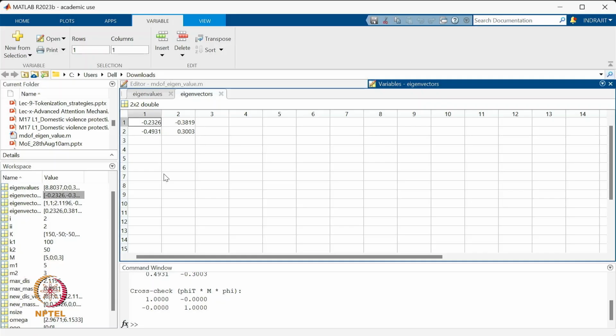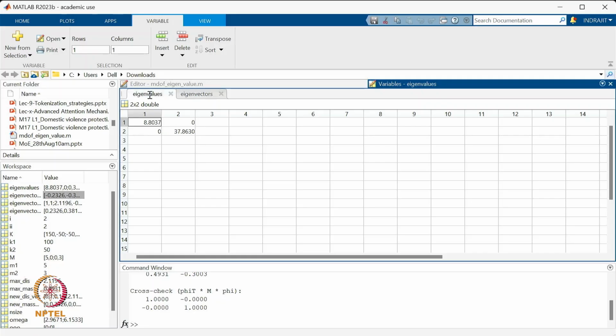Suppose I ask what is the eigenvector corresponding to the first mode? Yes, the first column, that is minus 0.2326 and 0.4931. Okay, please do not go row-wise, like 0.23 and then 0.3819. No, that is not the first eigenvector. It will be vertically, the column.